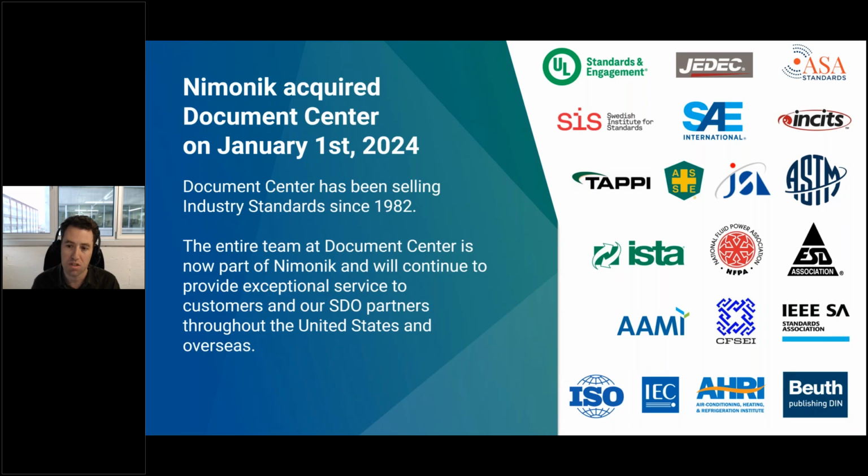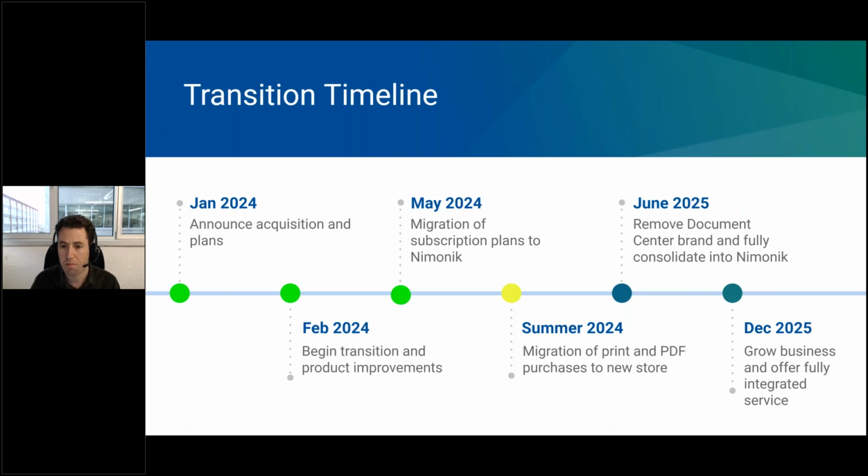And so that expertise is being transferred into Nimonik, and we're also leveraging this to go and offer additional standards from other bodies. And our goal is to offer as many standards as we possibly can through the tool that we're going to be showing today. So just a little bit about the timeline, and then we're going to hop over to the demonstration.